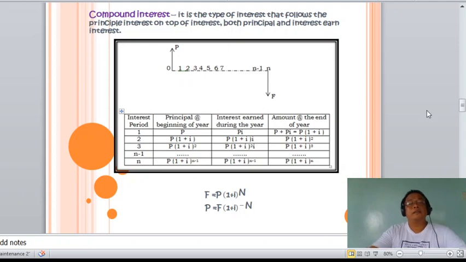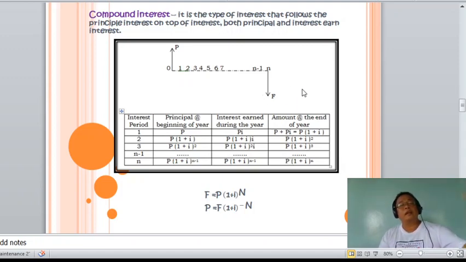So, let us derive an equation for this type of interest. Okay, so let us now consider a cash flow diagram. Supposing the arrow up is the present amount, and then we have the number of years from 0 to n, and then at the end of n years, we have an amount of F, or the future amount.